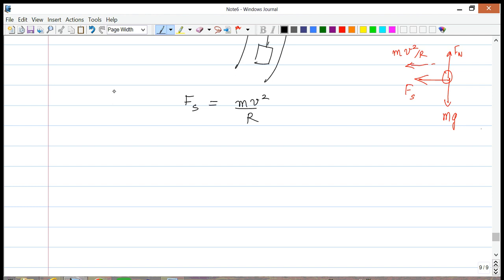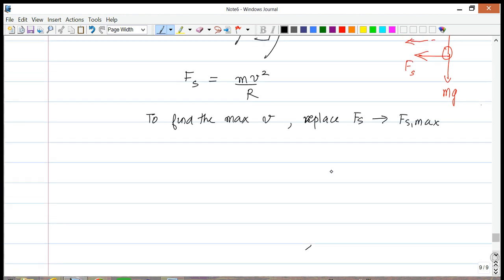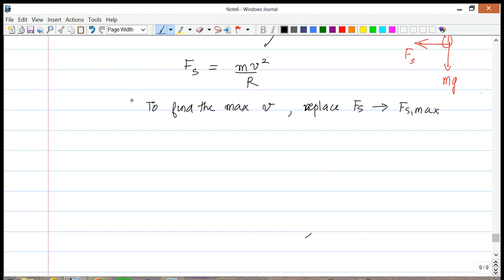Let's figure the maximum speed out, to find the max v to negotiate the turn. Okay, we replace fs by fs max, and we know that fs max is nothing but mu s fn.